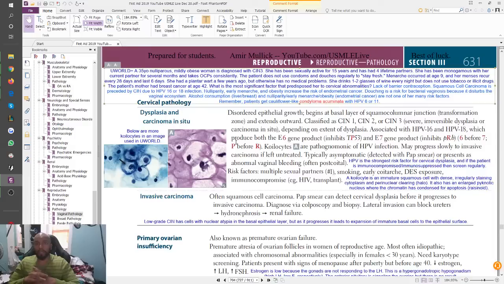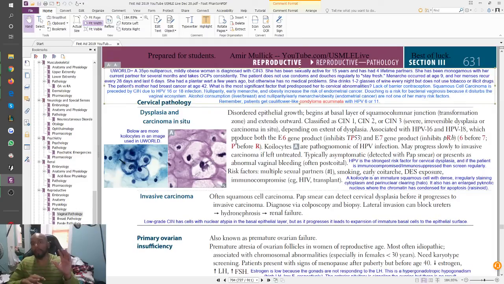The patient does not use condoms and douches regularly to stay fresh. Menarche occurred at age 9, and her menses recur every 28 days and last 6 days. She had a plantar wart a few years ago, but otherwise has no medical problems. She drinks 1 to 2 glasses of wine every night, but does not use tobacco or illicit drugs. The patient's mother had breast cancer at age 42. What is the most significant factor that predisposes her to cervical abnormalities?